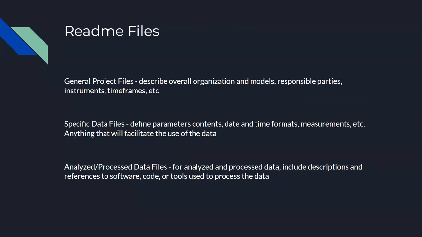Now, README files will often take the form of specific data files as well. They accompany specific data sets or specific chunks of data and describe the contents of the data set. What date and time formats are you using, what measurements are you using, what are the acceptable values for that data, and how, when, and why was the data collected. Basically, anything that gives context to that data and facilitates its use.